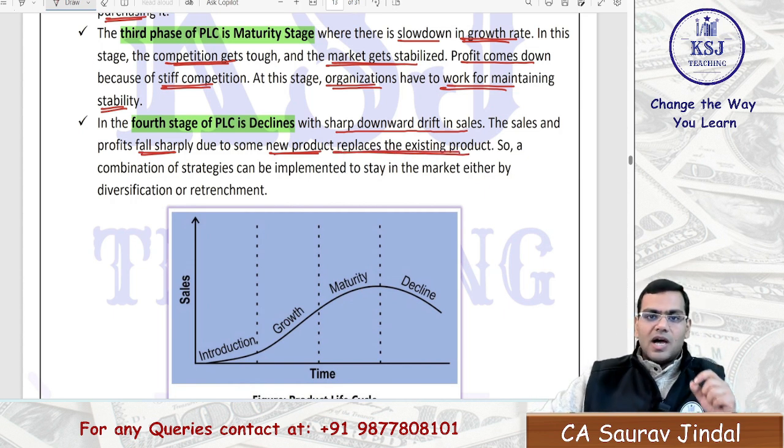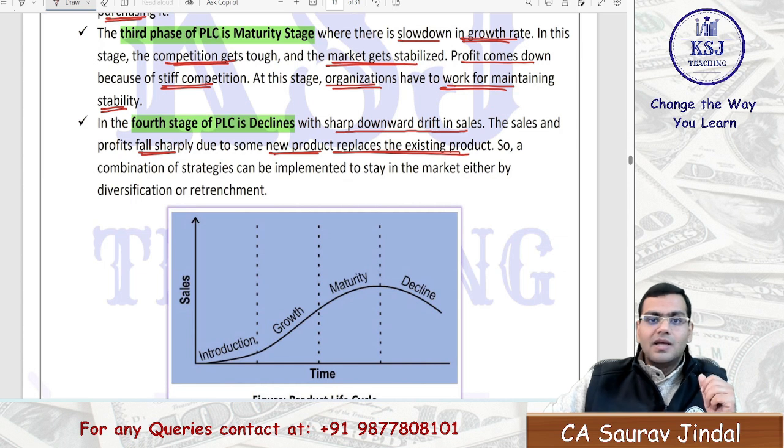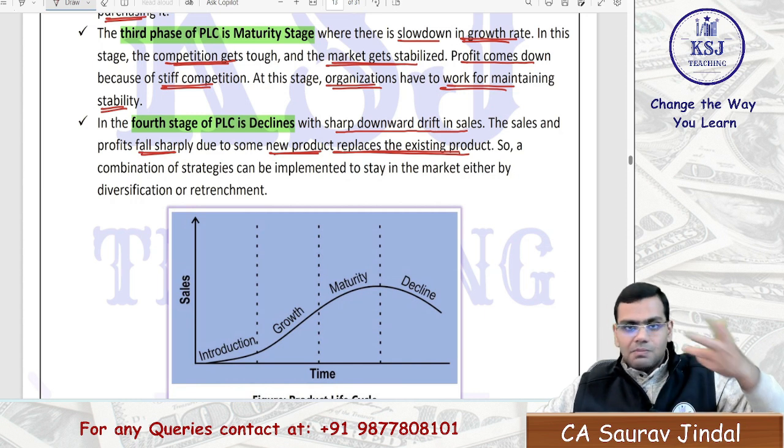This is where you have to analyze your environment: at what stage our product is operating, when is the innovation required, when we need to come up with something different for the market, right? This is where the environment analysis comes into play, to see why you are going to decline, because some other competitor has come up with a better product.